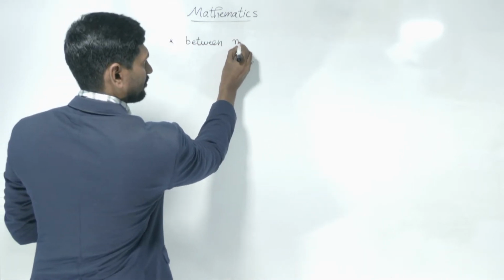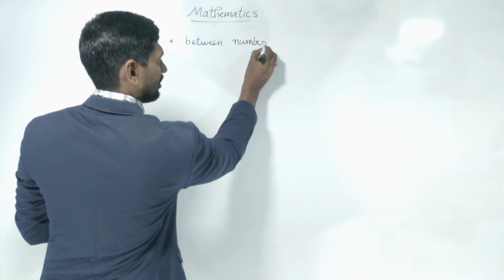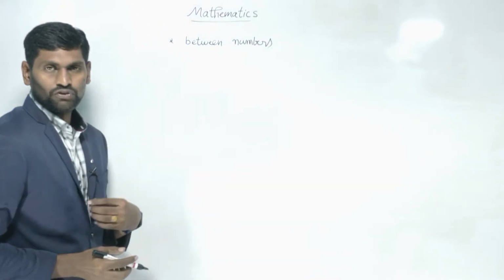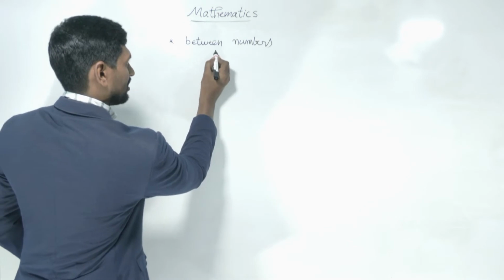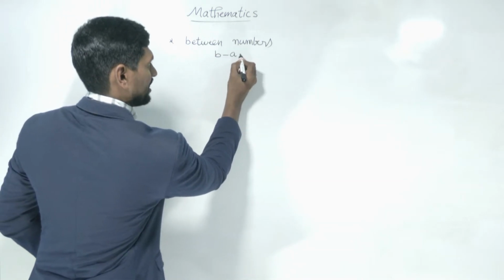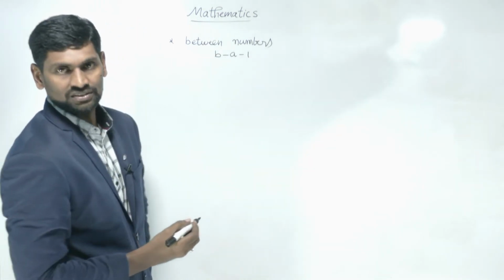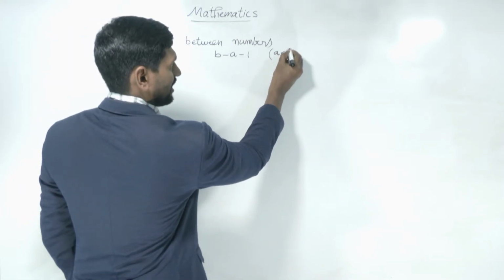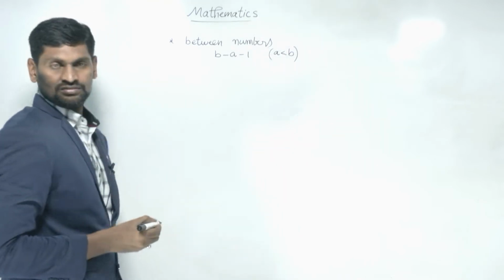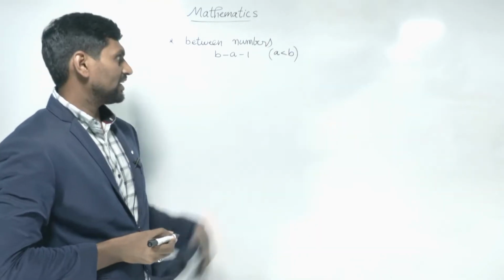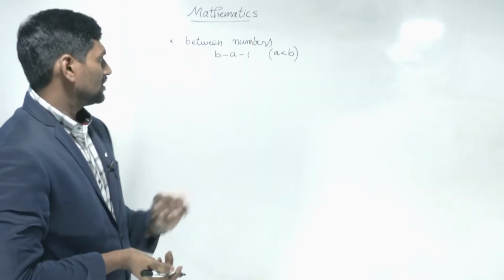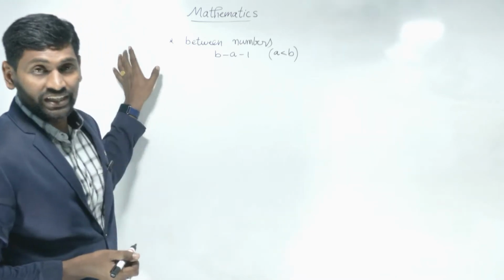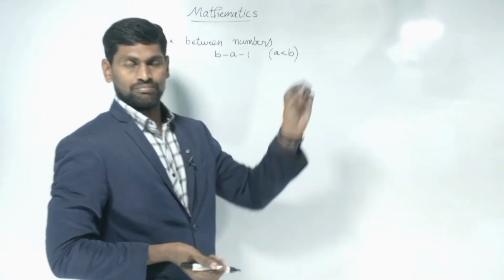What is the formula you got for between numbers? B minus A minus 1, where B is greater than A, nothing but A is less than B. This is the formula we use for finding the between numbers.